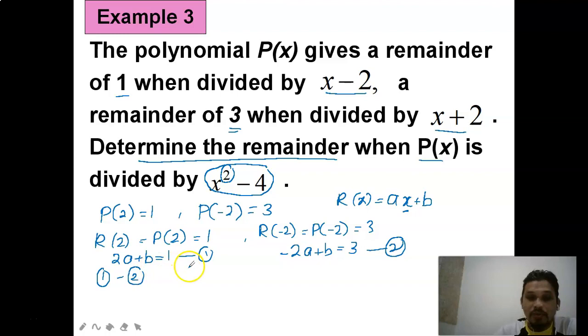Looking at both equations, we have b and b, so I'm going to eliminate b. 2a plus b equals 1 and negative 2a plus b equals 3. Then b minus b equals 0.